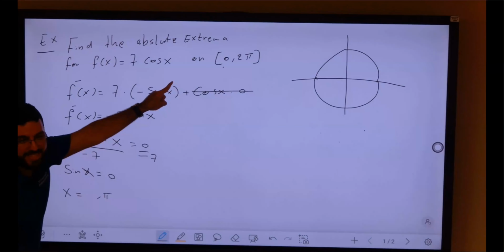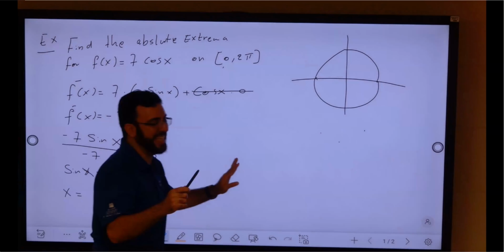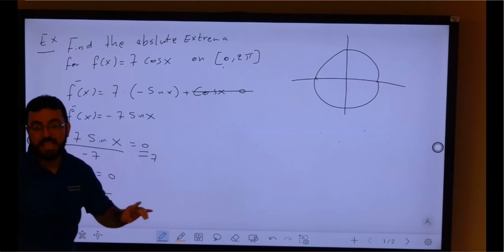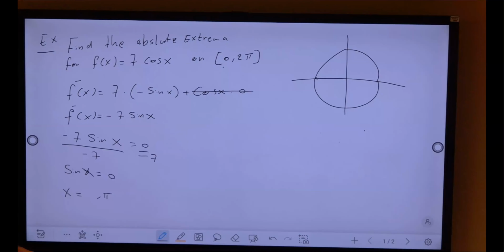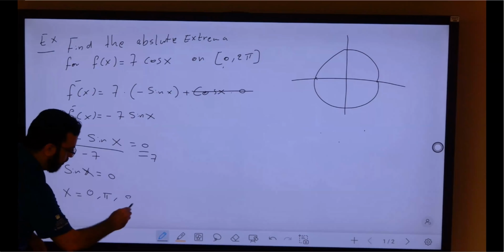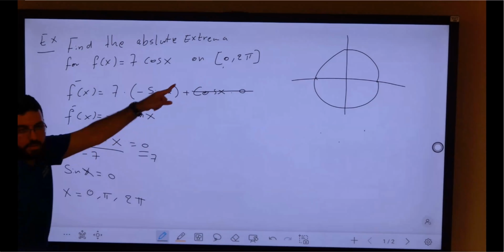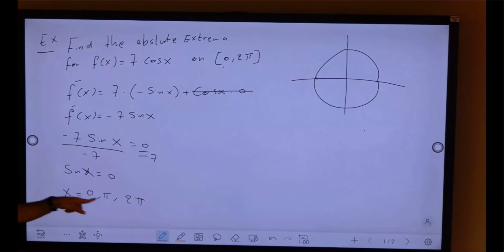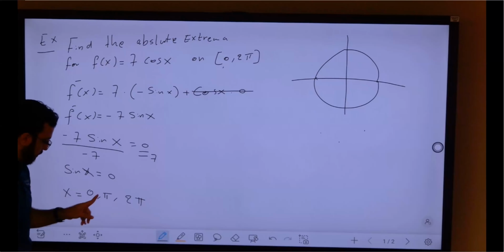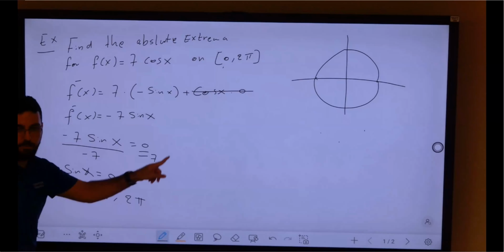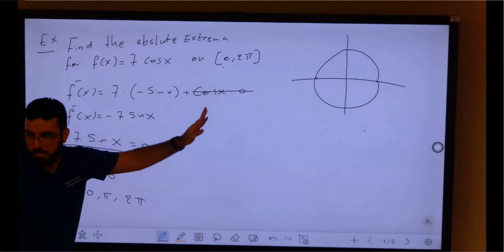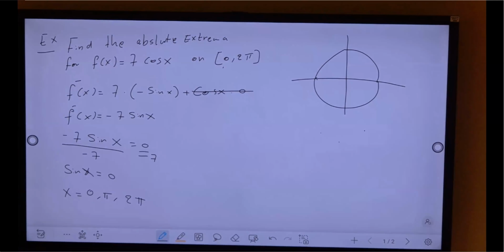You didn't get it? So here's the thing. We need to find the critical numbers, and you can include the 0 and 2 pi, but that's the same thing. You can keep going: pi, 2 pi, 3 pi, 4 pi, because all of these give sine equal to 0, since you keep going around the circle.